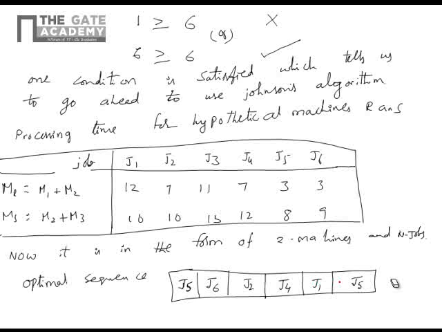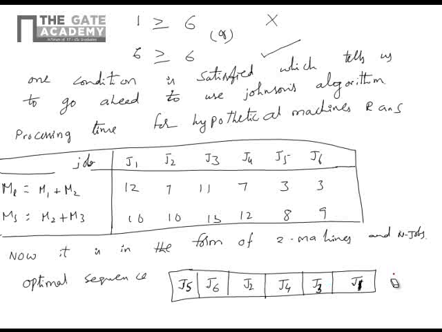So the sequence is J5, J6, J2, J4. What else is missing? Something is missing. Okay, sorry, J5 we have already used. We need to take the J1 minimum. Here it is J3, because J5 is already assigned.